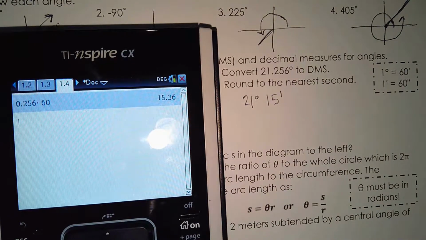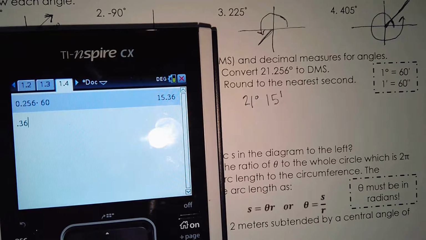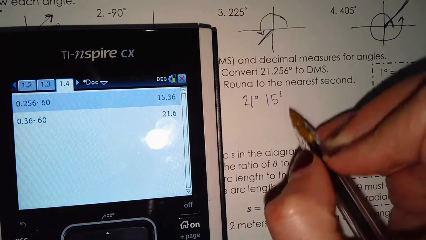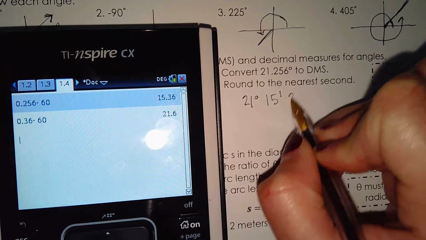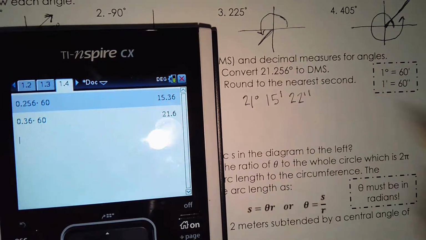And then we'll do the same thing again with our decimal: 0.36 times 60. And that's going to give you your seconds. So we'll round that to about 22. Is that okay?